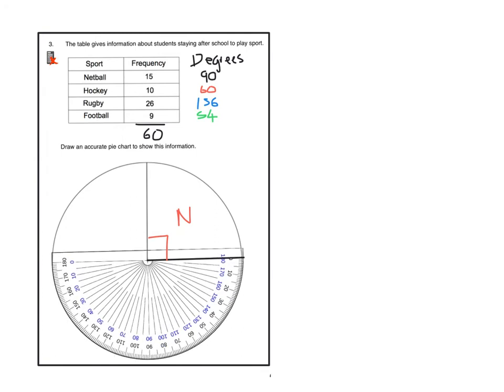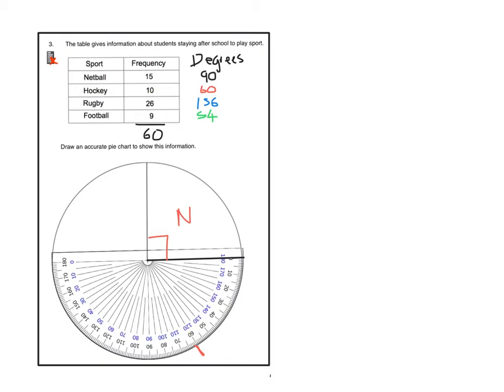And again, you're going from 0 and you're going round to 60, 10, 20, 30, 40, 50, 60. Put a little dash about there. And you will get a bit of leeway in your exam, just in case you're not very accurate, but you need to try and be as accurate as possible.